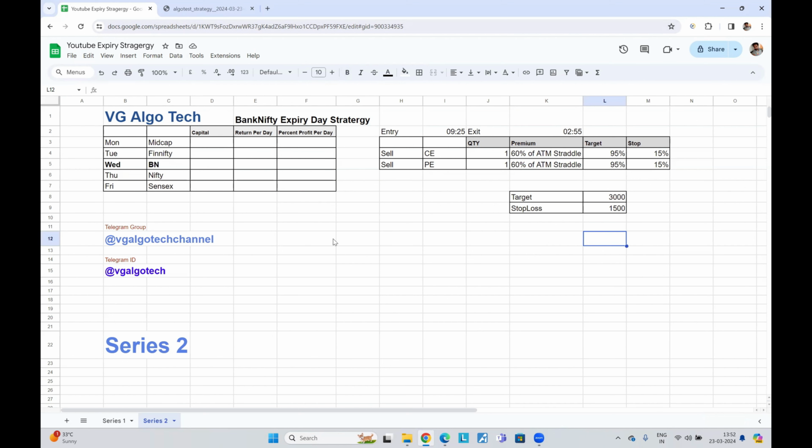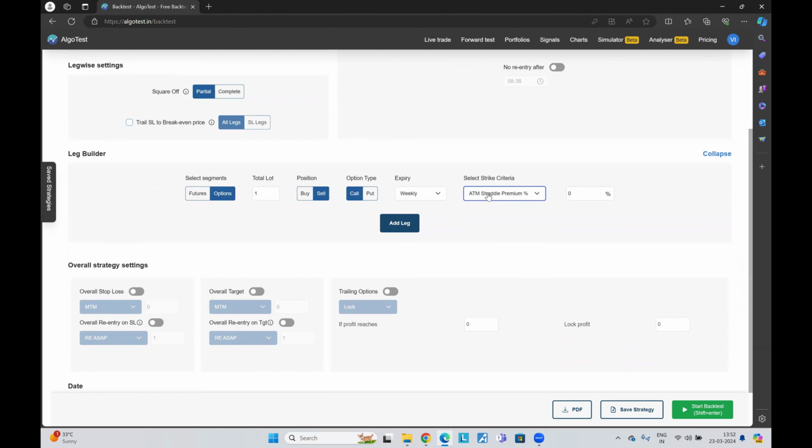Here Bank Nifty is already selected. We are going to consider the at-the-money straddle premium here in the premium, but in this we will consider the at-the-money straddle premium percentage. We will make it 60%, and we shall add this leg.